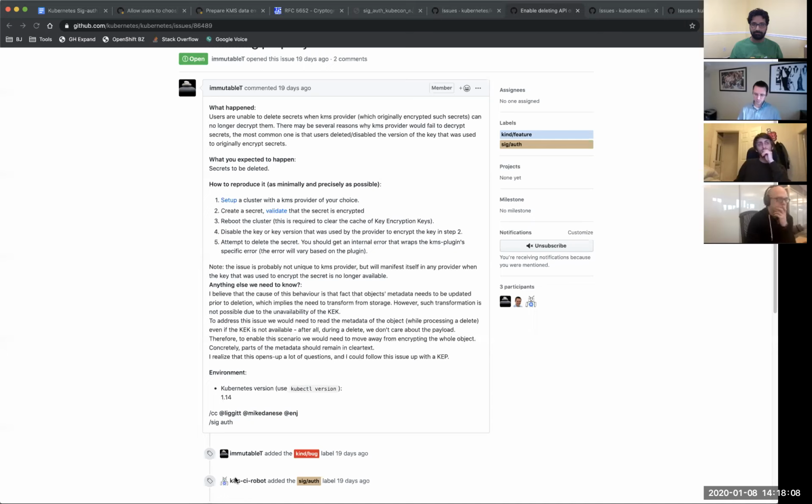Anyways, I think, I mean, I could be convinced. I think that there's a large portion of Kubernetes deployments where the cluster administrators are not necessarily the operators of clusters.